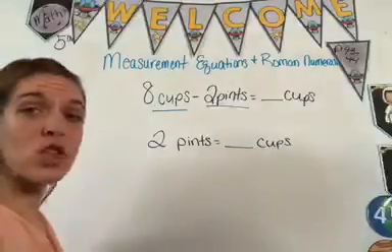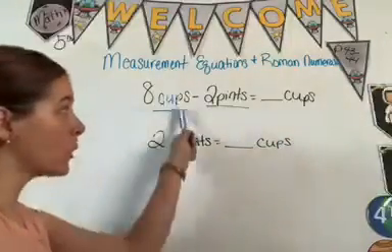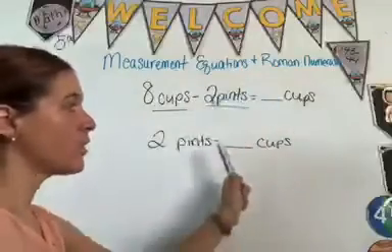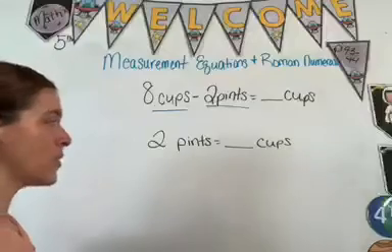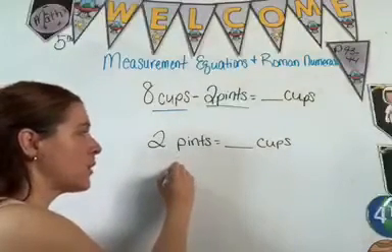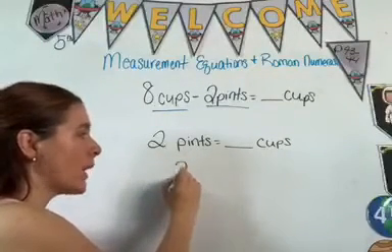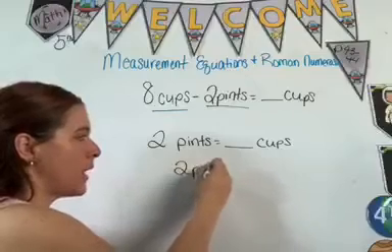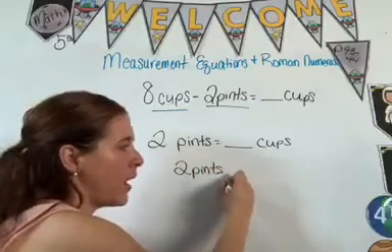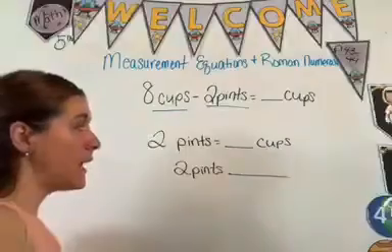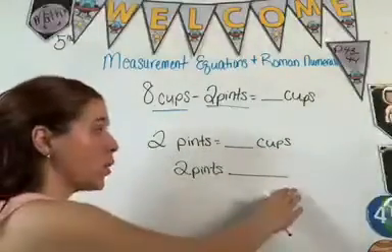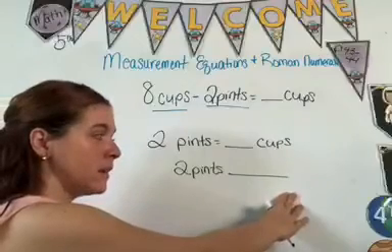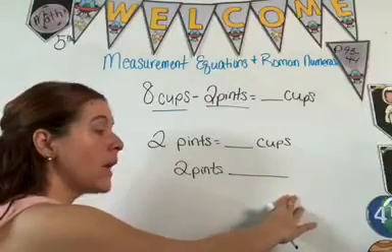Okay, that's what we have to change. So before we can start here, we have to change pints into cups. So let's do it. What's our first step? We write 2 pints. And put a what, Danielito? A line. Now we have pints, and now we have cups. Which one goes on the bottom, Frankie? Pints.